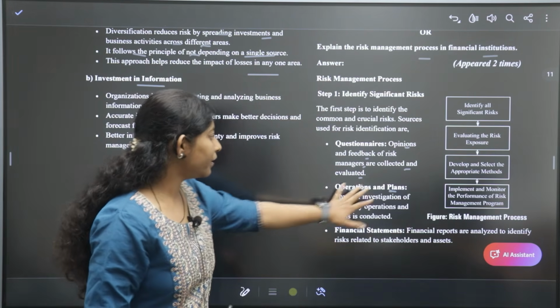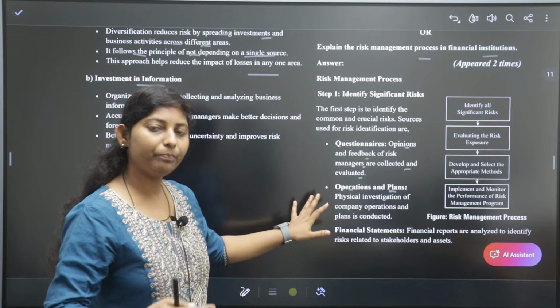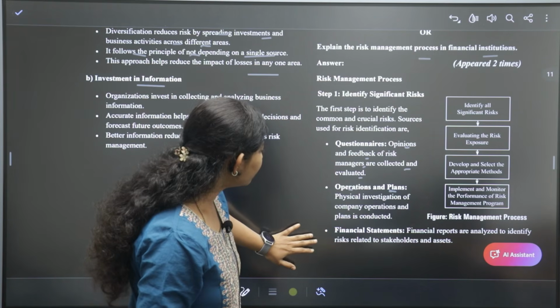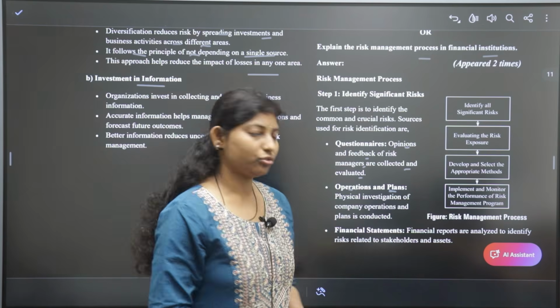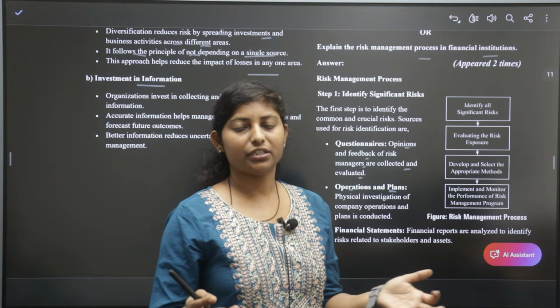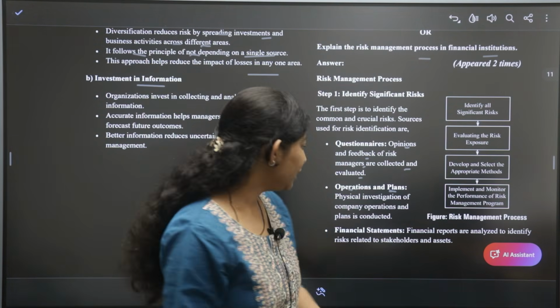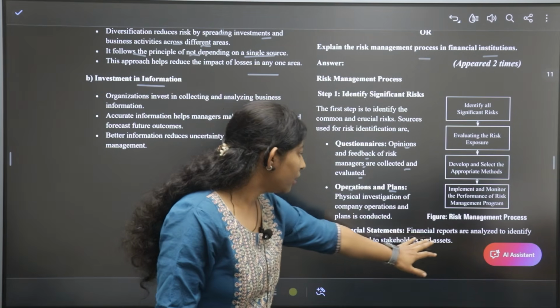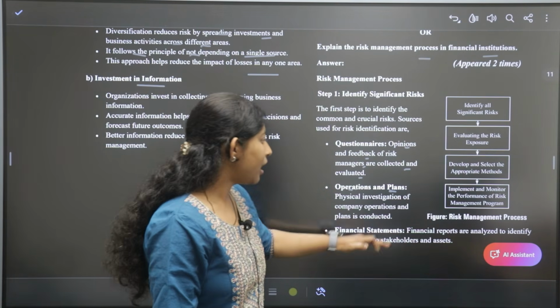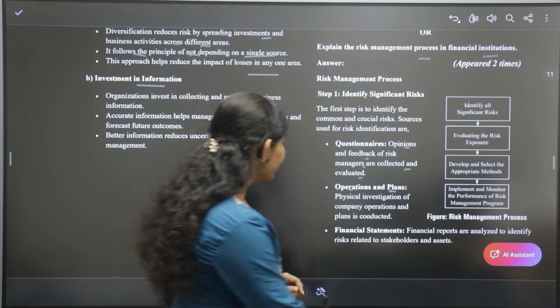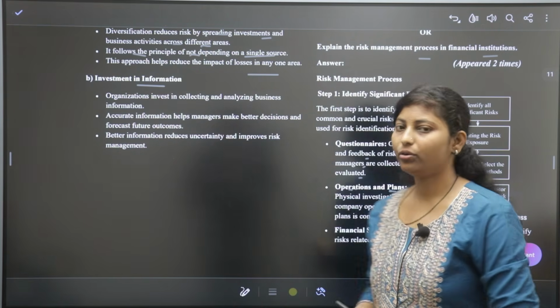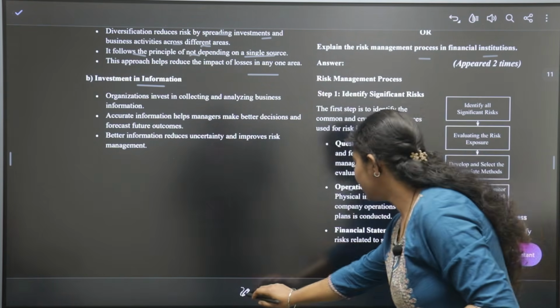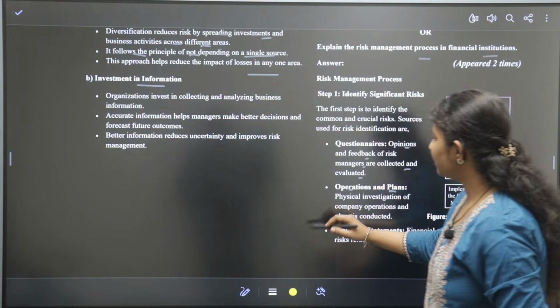The third method in identifying risk is financial statements. We go through our financial statements, comparing this year to last year. Financial reports are analyzed to identify risk related to stakeholders and our assets.